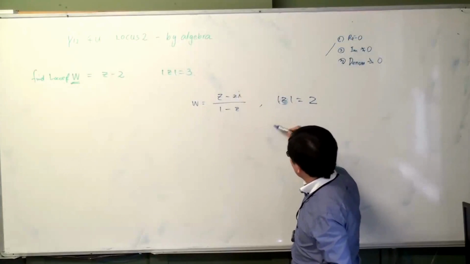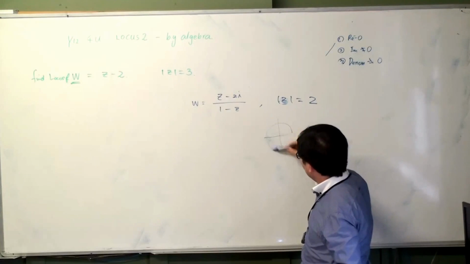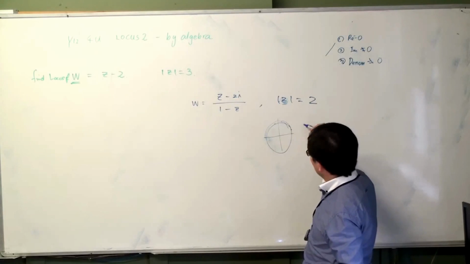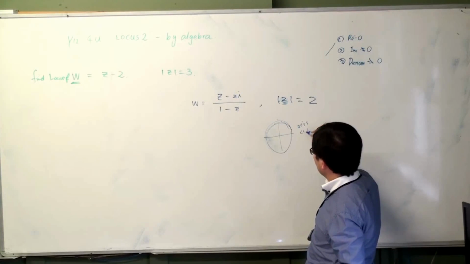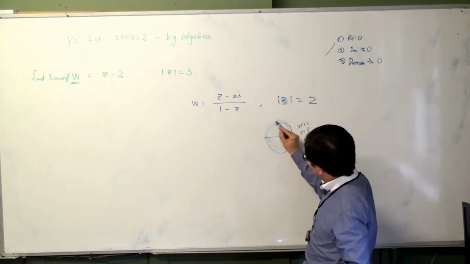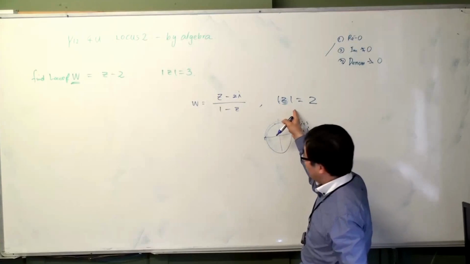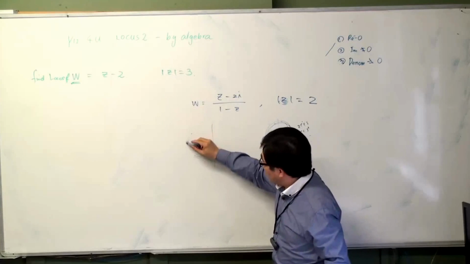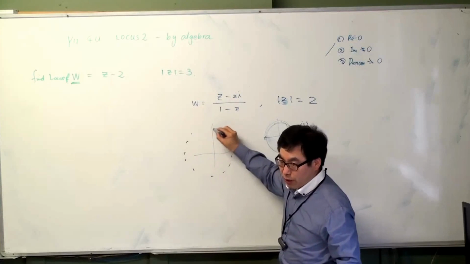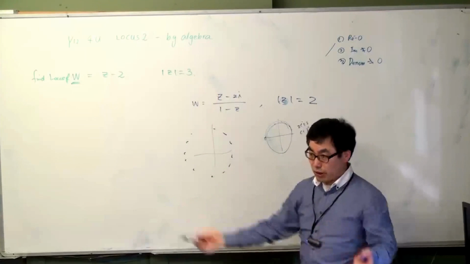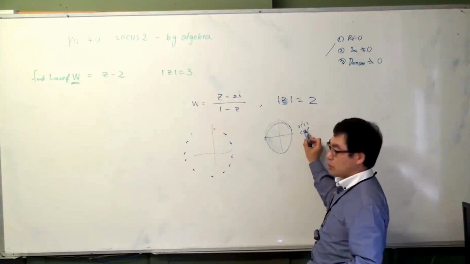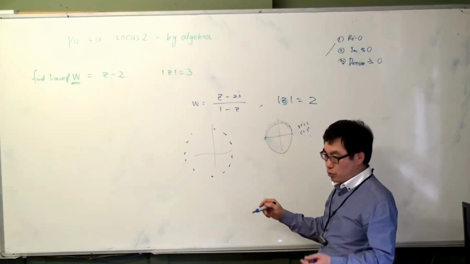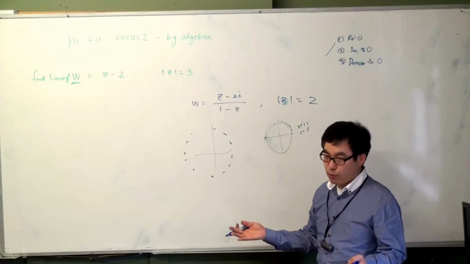If Z is some number moving around, if you substitute that number in here, what will be the answer? And if you put the numbers on there, what is the final shape? That's the question. But obviously, you can't sub in all the numbers. Even if you do 1,000 numbers, you don't get any marks because there's no mathematical proof.